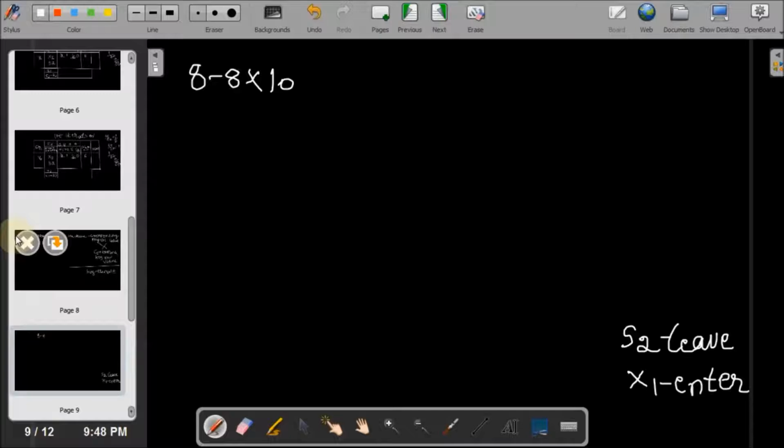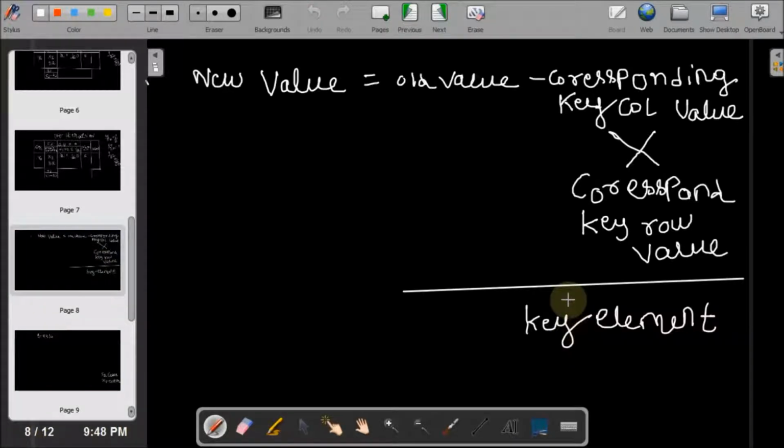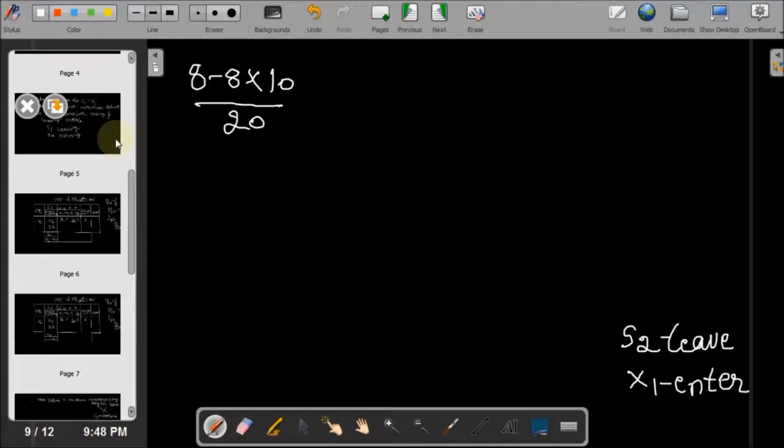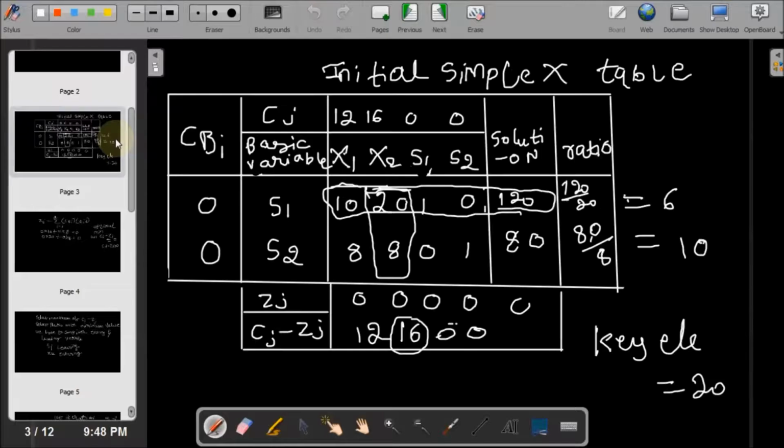Now what is the next? Divided by key element. What is the key element? You know that, key element is 20. Don't get confused, guys. Key element is 20. How I did this? See, I will brief this once. According to the formula, my S2 old value is what? 8. Minus corresponding key column element is what? 8. See, column element remains the same for every iteration.